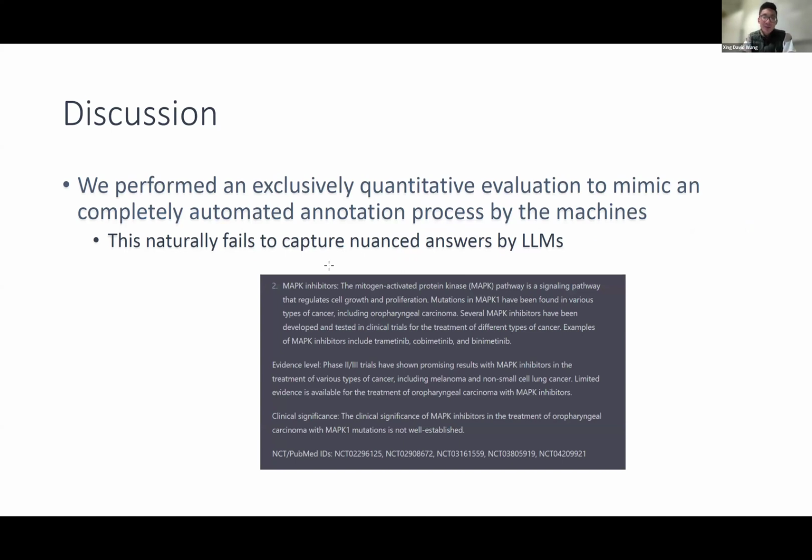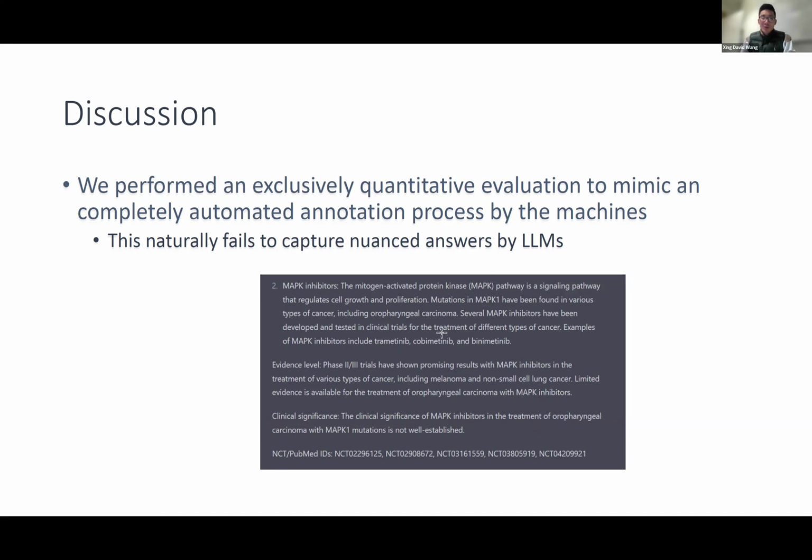In a similar vein, our evaluation is also a bit harsh on the LLMs, because we do not really look for nuances. In the example that I gave you before, the LLM explicitly stated that MAPK inhibitors are not well established in the treatment of oropharyngeal carcinoma.